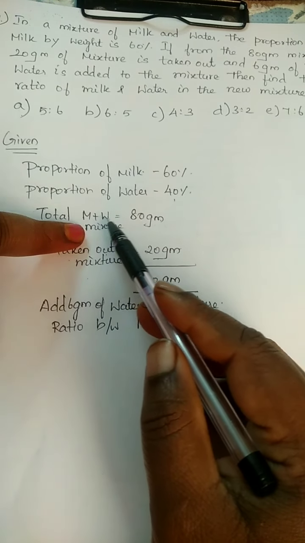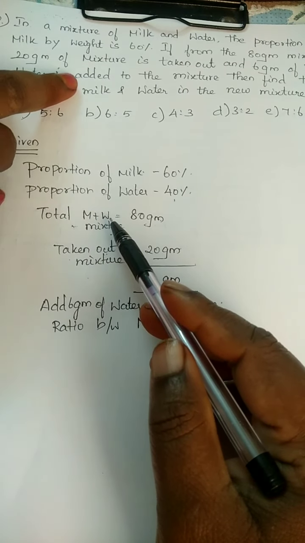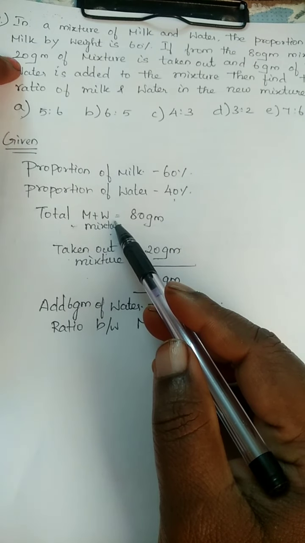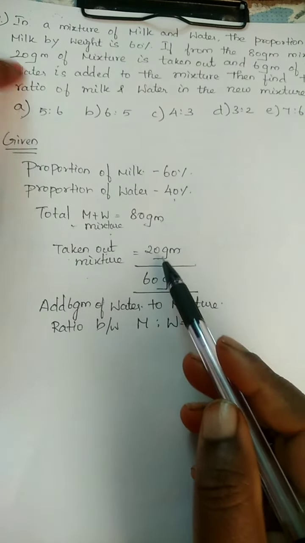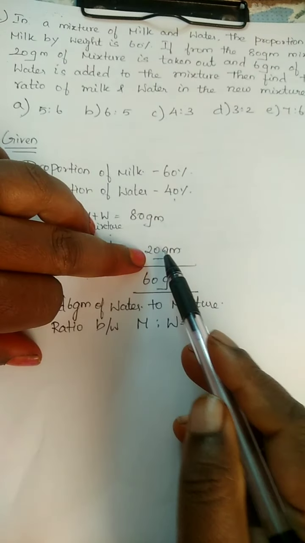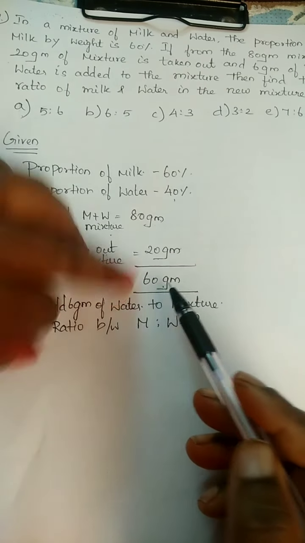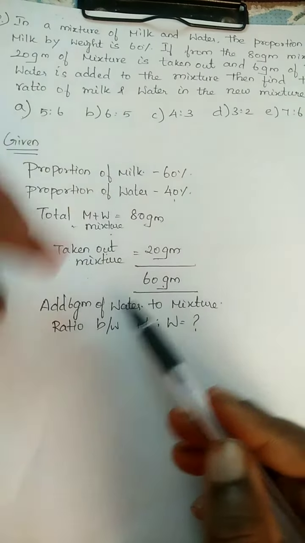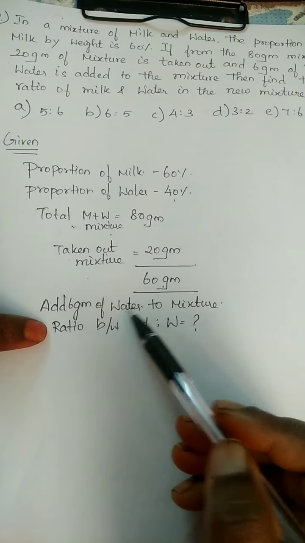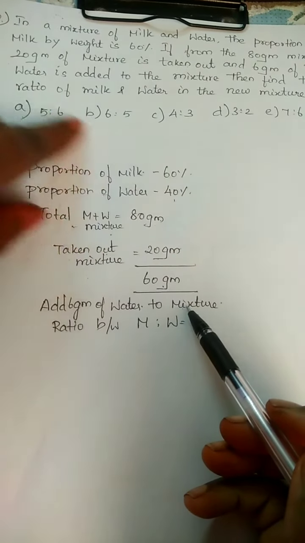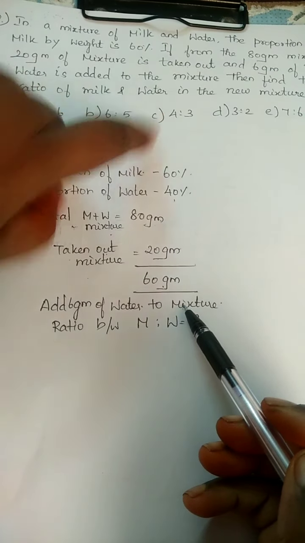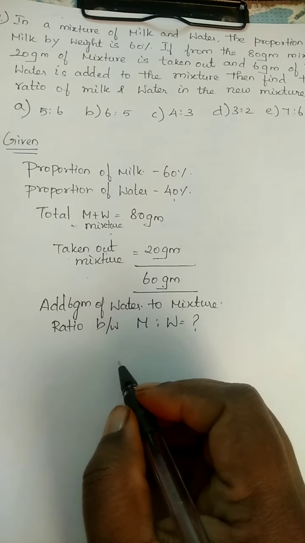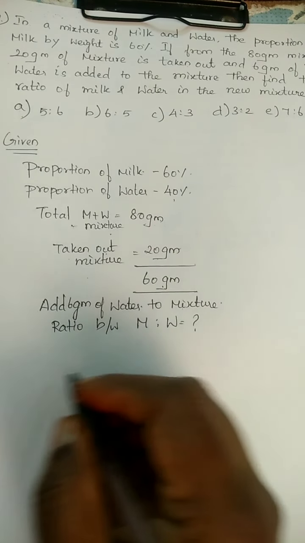The total mixture of water and milk is 80 gram, and then 20 gram of mixture is taken out from 80 gram. So I subtract, 80 minus 20 is 60. And 6 gram of pure water is added to the mixture. Then find the ratio between the milk and water of the new mixture. Okay, these are the given things.